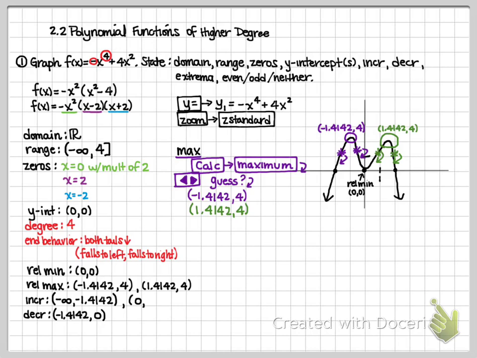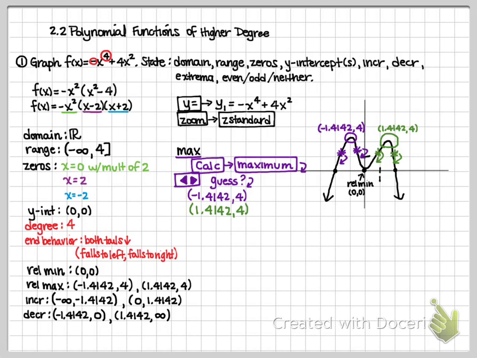Immediately after the minimum, as I'm approaching my maximum, the x value of my next maximum was 1.4142. Immediately after that maximum, my graph is now going down. So as my x's get bigger and bigger, my y after the 1.4142 x value is going to get smaller and smaller.